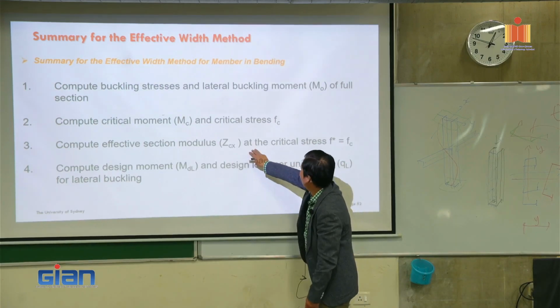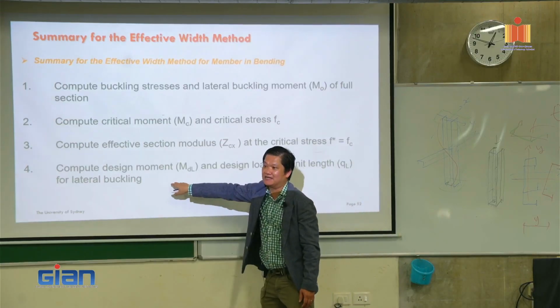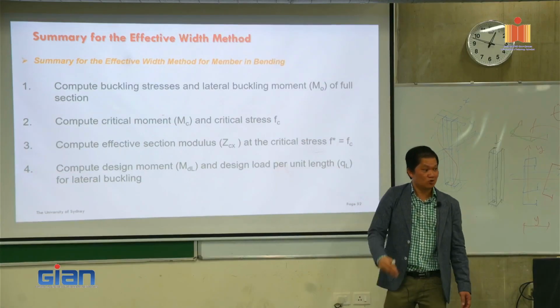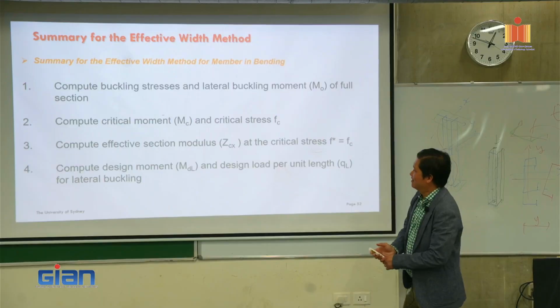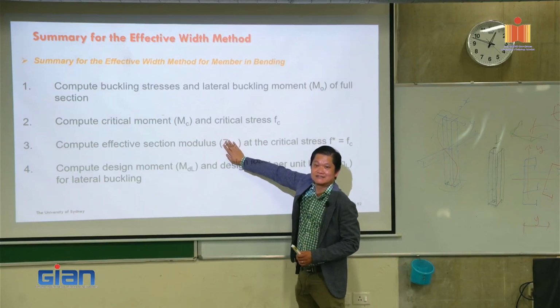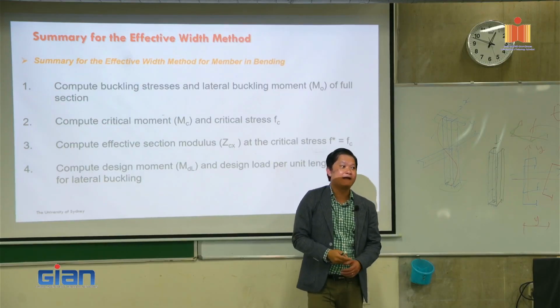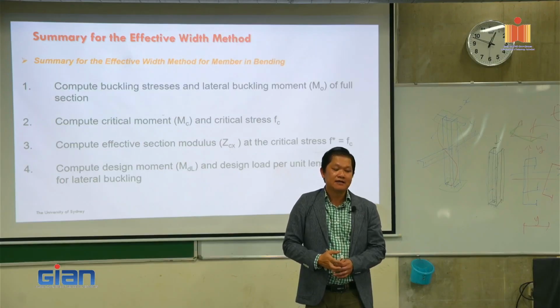And from that, you just calculate the bending capacity by multiplying with the FC, and that's it. So just follow the same procedure. The only thing that is different is the effective section modulus, where you can straight away calculate based on the effective width area.